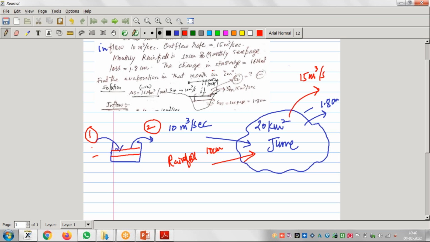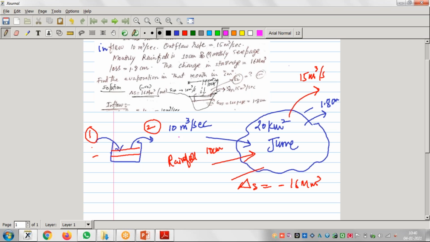So what he is saying, the change in storage is 16 meter cube per second, means this incoming and outgoing, if I see the difference. So this change in storage, that is delta S, is 16 million meter cube. So here it will be minus. It depends on how much quantity of water is incoming and outgoing.